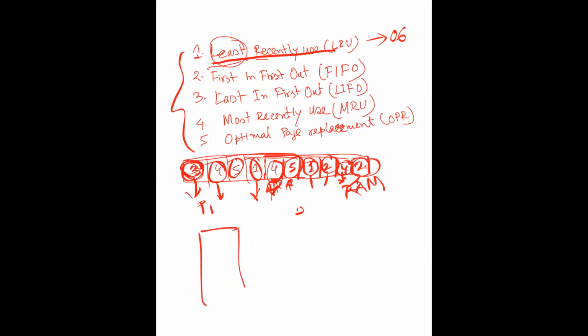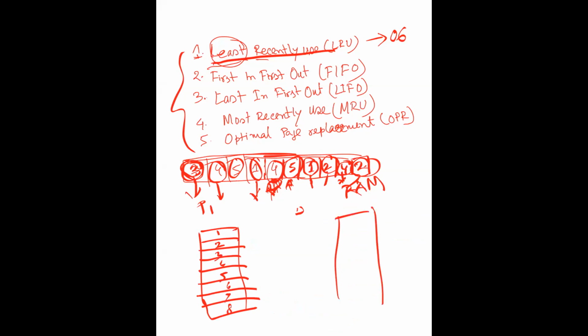We have a process P1 with the page string 1 2 3 4 5 6 7, whatever it is. And then this is the RAM, also the same, allocated three frames. These 3 frames are for process P1. Total 3 frames allocated.